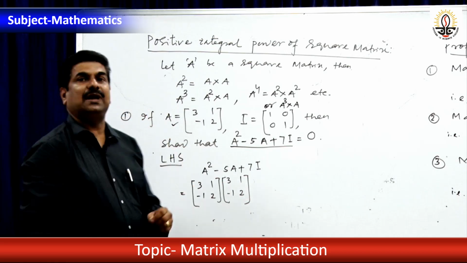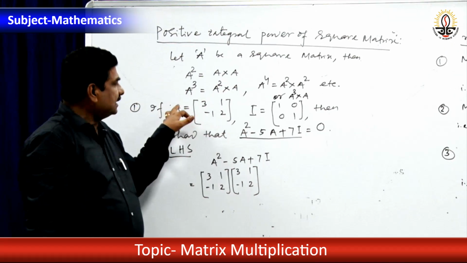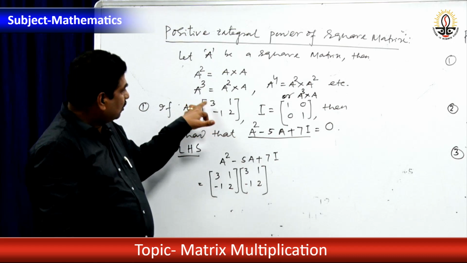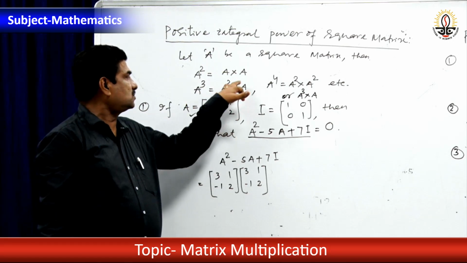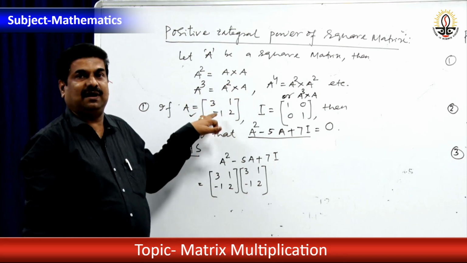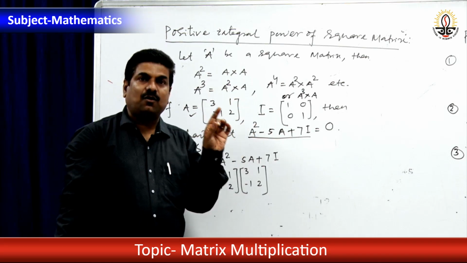Some students make a mistake here and directly write A square as 3 squared 9, 1 squared 1, minus 1 squared 1 and 2 squared 4. This is the wrong way.